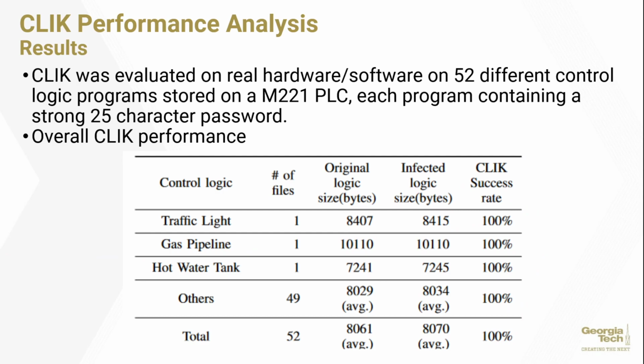It's 100% successful. Now, this success solely depends on the security breach that they were able to take advantage of with the zero-day vulnerability, though any security vulnerability could be used in this approach. It doesn't have to be that specific one for the M221.